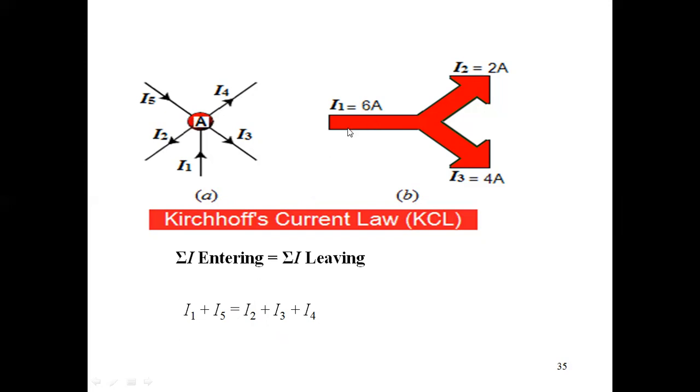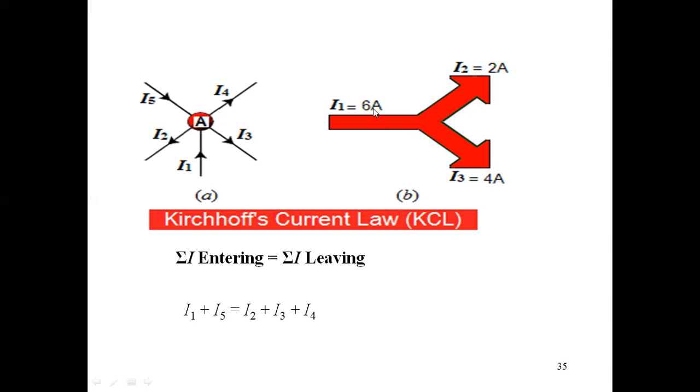Here is another example. Current I1 is entering the junction. I2 and I3 branches are there, and through them currents I2 and I3 are leaving that junction. I1 is 6 ampere. This 6 ampere gets divided into these two branches at this node, I2 is 2 ampere, I3 is 4 ampere, and hence the resultant current or sum of the currents at a junction should be 0.